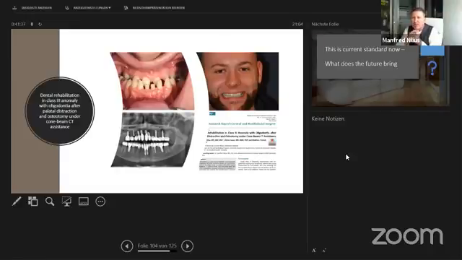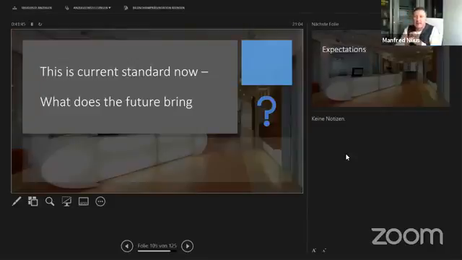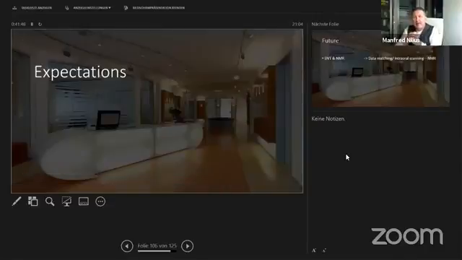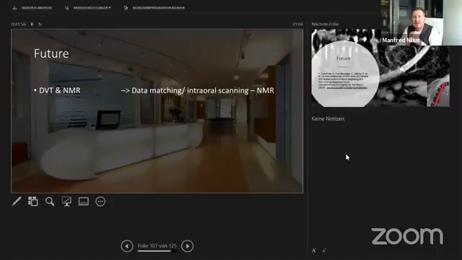The big question is now, what will the future bring in our dental offices or in our maxillofacial offices? I have some expectations. So the first thing that will change is that we have to avoid radiation from DVT. And this is possible by doing nuclear magnetic resonance, or dental MRT. And it is possible to have this data matched with intraoral scans.